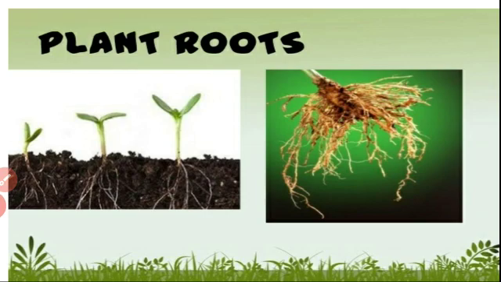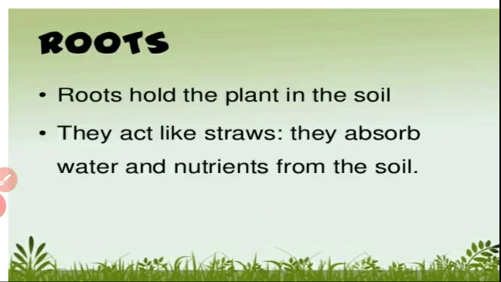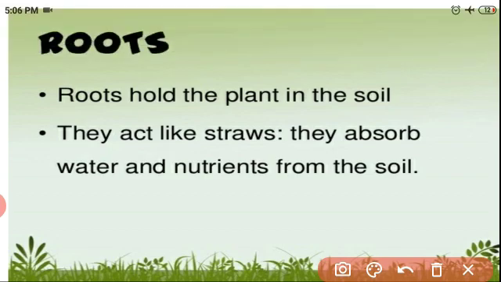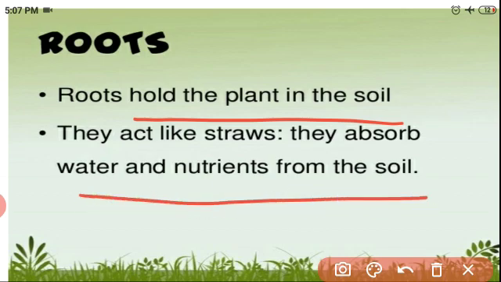What is this? This is called root. Root also plays a major role. Root holds the plant in the soil. Root, where is it holding the plant? In the soil. They absorb water and nutrients from the soil. From the soil it absorbs everything, all the nutrients and water.